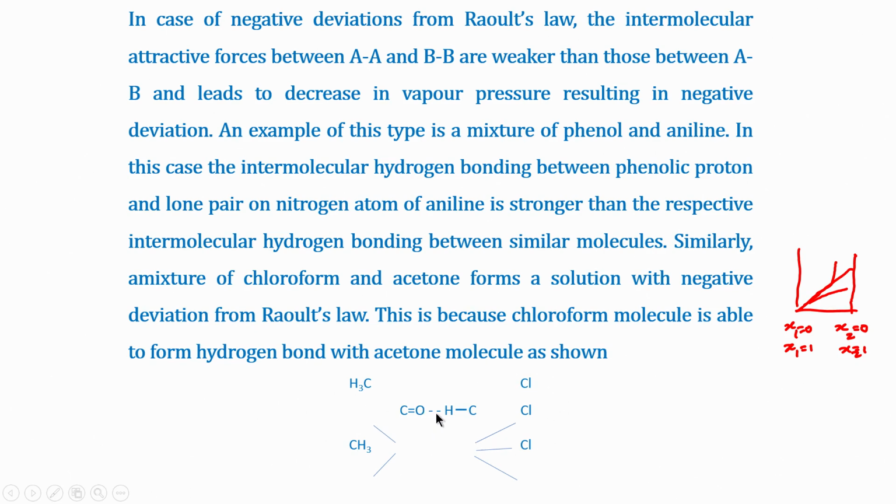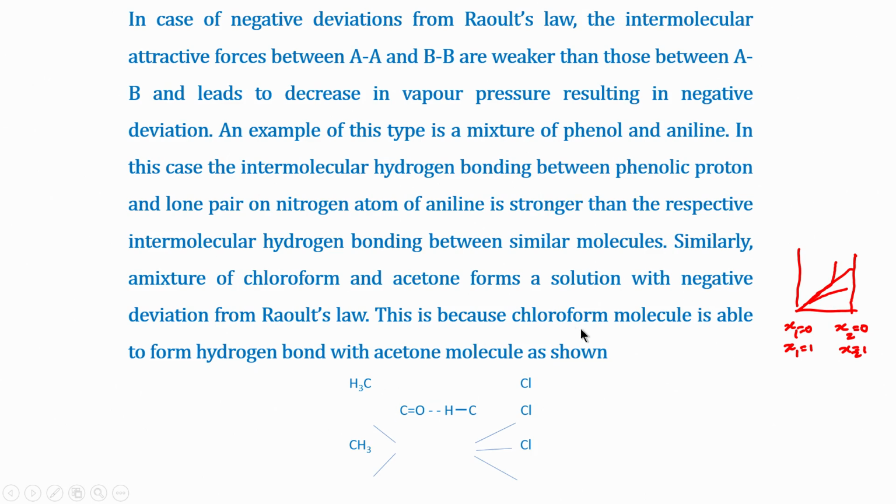There is some sort of hydrogen bond between the ketonic group and the H, giving a negative deviation. So, such molecules will show negative deviation from Raoult's law, that is, it will bend towards the x axis. If it bends towards the y axis, then we have a positive deviation.